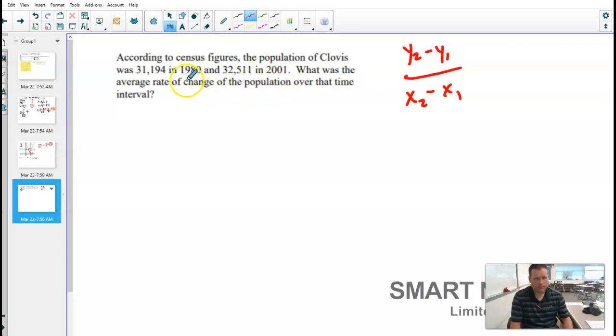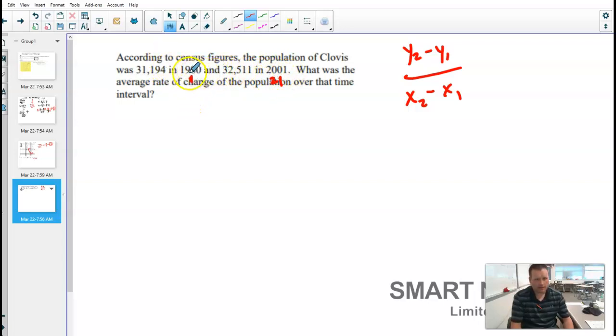So probably the best thing, or you don't have to do this, but I think this might be a little bit easier. Like this is year 1, think of that, and then I just need to figure out how many years it is from there, which would be 21 years from 80 to 2001.